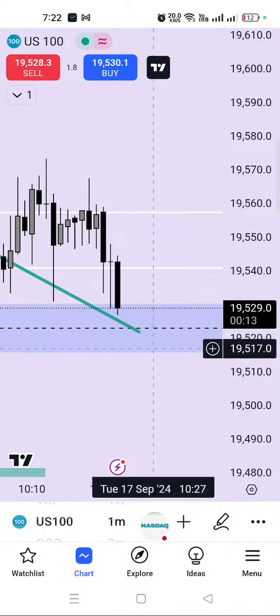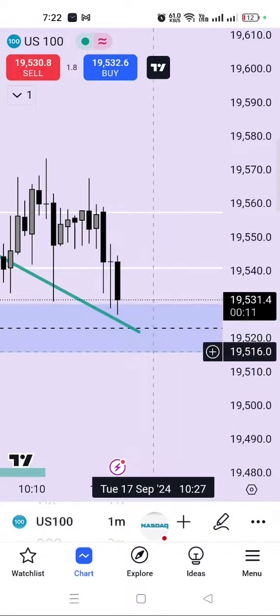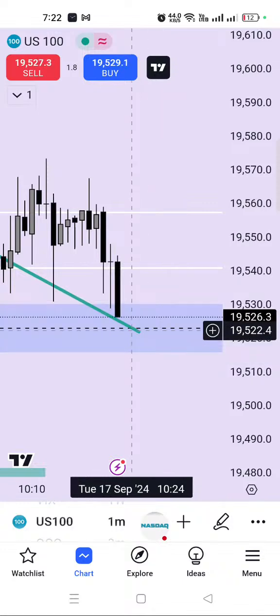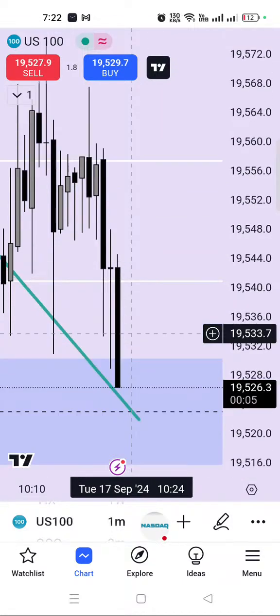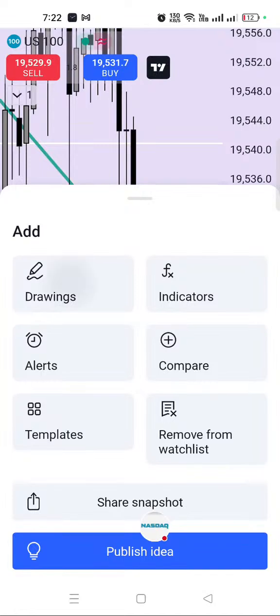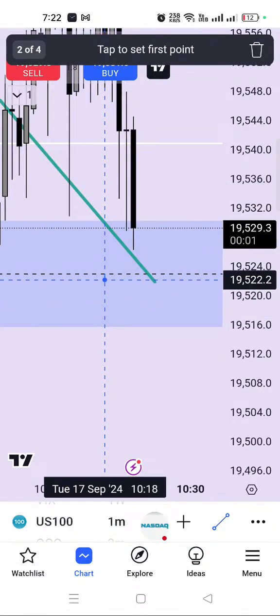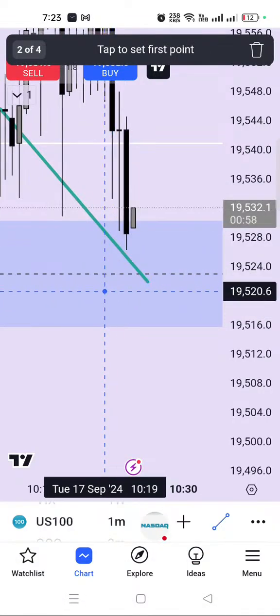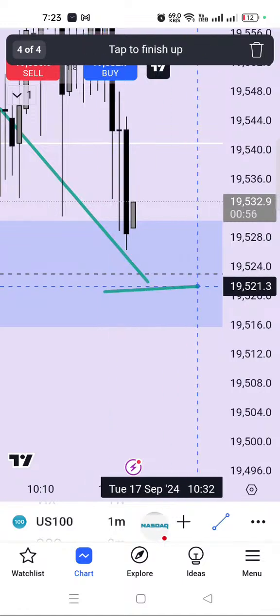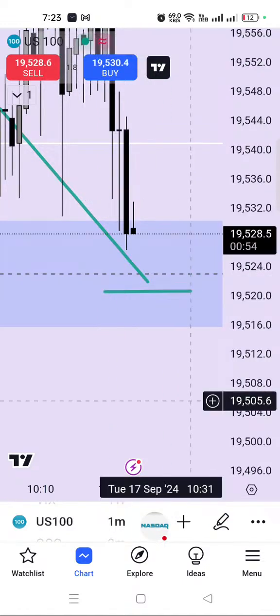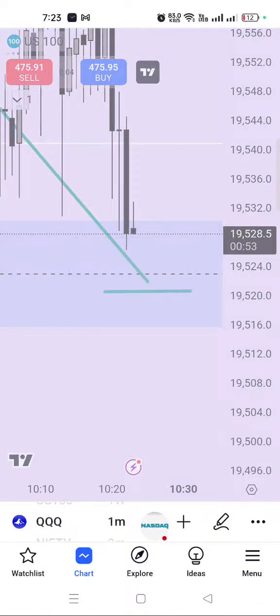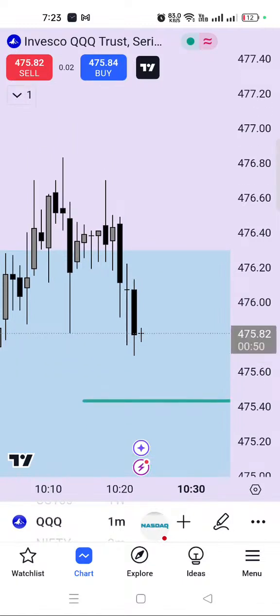520. Okay, let's check 520. Why is it reacting to this point?